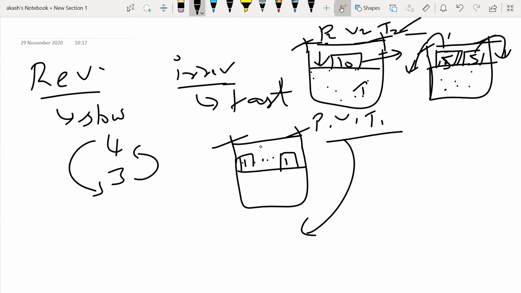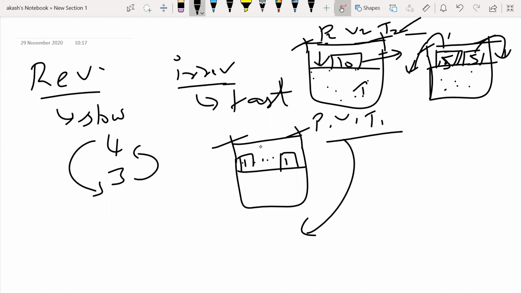Now, before we move on to see that, in a question, if it's a problem given to you, how will you understand whether the process is going to be a reversible process or an irreversible process? That's the question which comes to our mind, right? Now it's pretty simple, people.